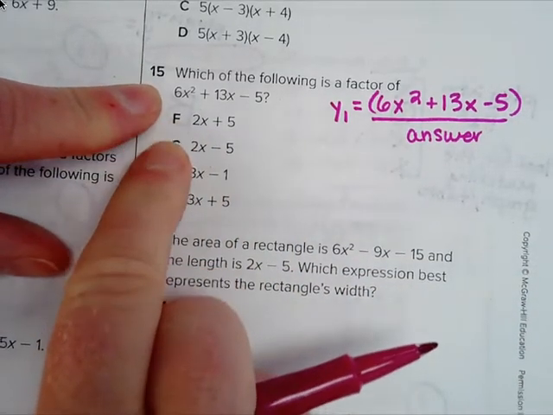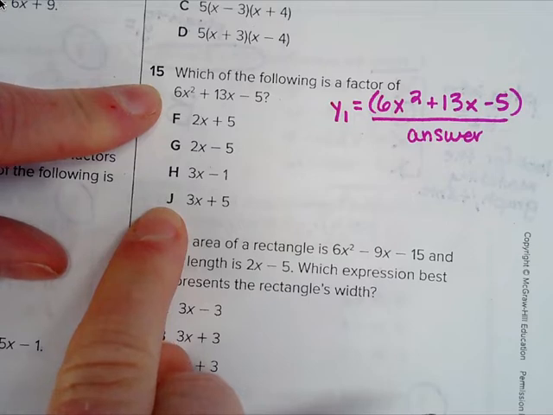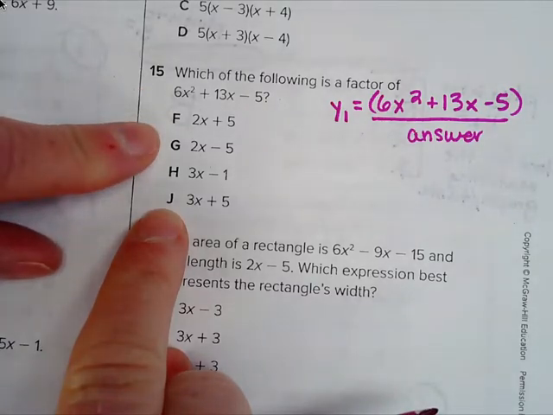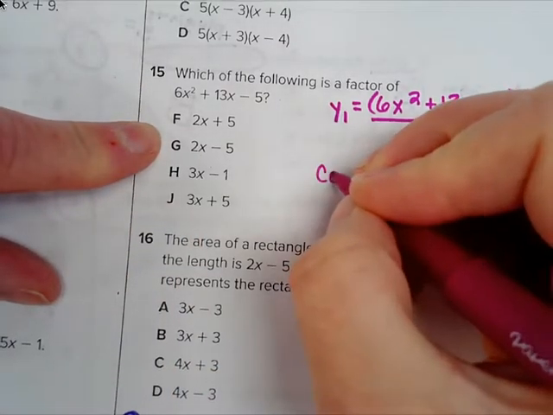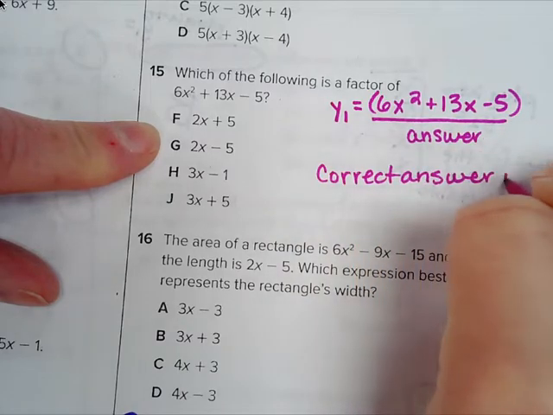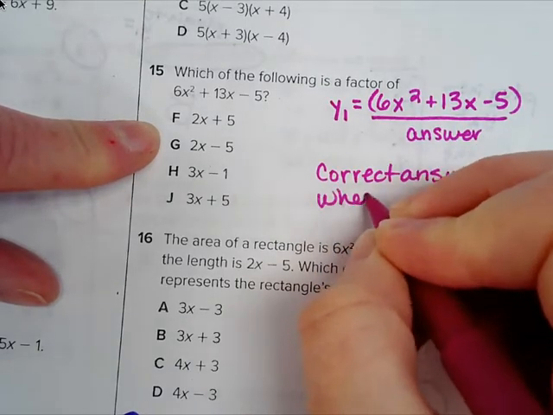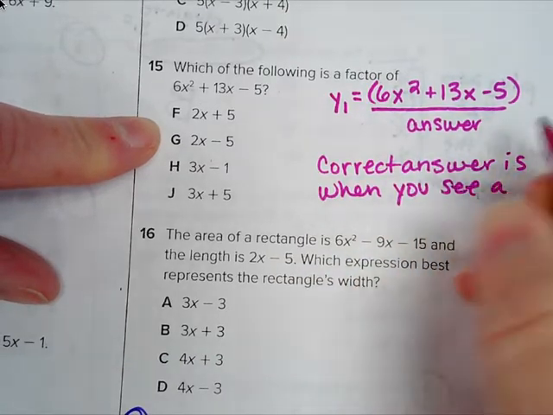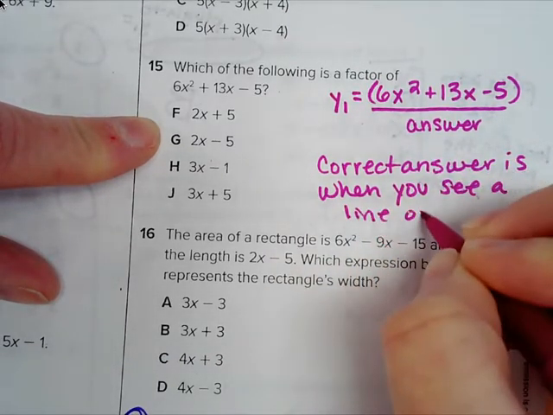These are your answers, right? You're going to divide by the answer. And when you do that, it'll come up with a line for the correct answer. The correct answer is when you see a line on the graph.